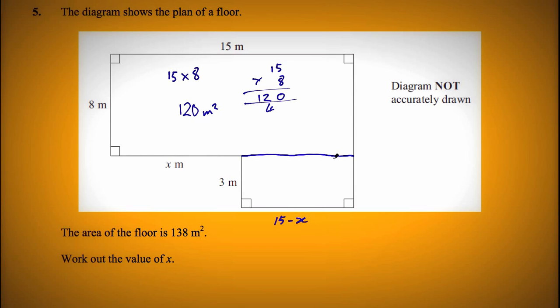This won't be the only way to do this question, but I take away the 120 metres squared from the overall area: 138 total minus 120 equals 18 metres squared. And I know that the area of this section here equals that area, so that's 3 times 15 minus x equals 18. Divide both sides by 3.